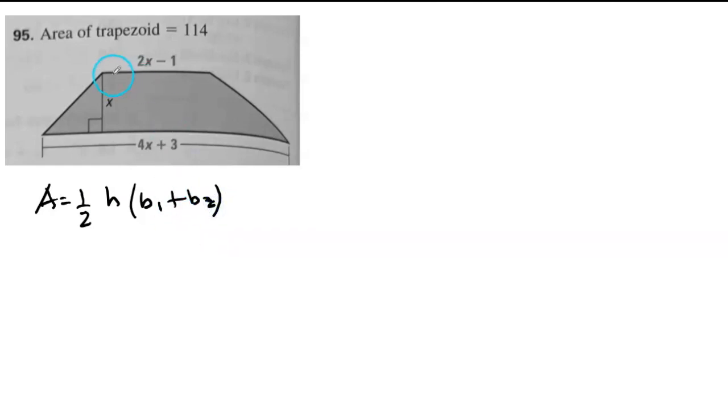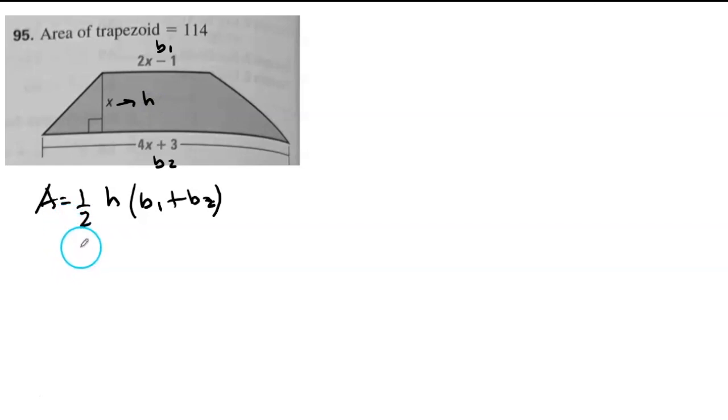A trapezoid, the top is base 1 or base 2, it doesn't matter, it's one base. The bottom is the other base. The important part is the height. The height is the perpendicular between the two bases. You see the 90 degrees? That's a perpendicular. So this is your height.